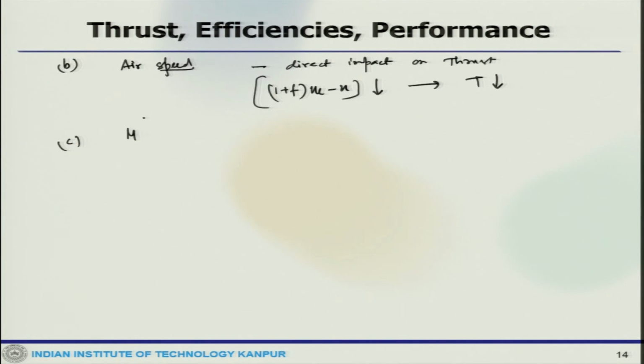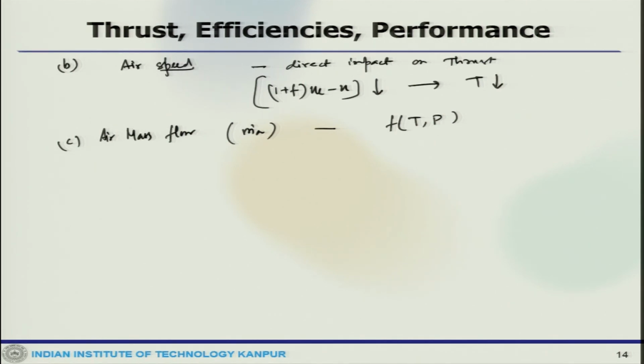So, the air mass flow rate, m dot A, is a significant parameter in thrust. It depends on ambient temperature, pressure, and sometimes both together through the density.